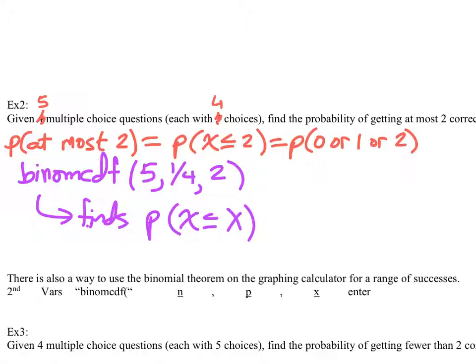It finds the probability of x less than or equal to some known value of x. All right. So second vars, it's right below binom PDF. So option B, 5, a quarter, and 2. So about 0.896.